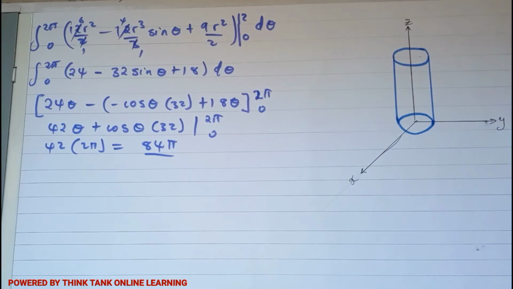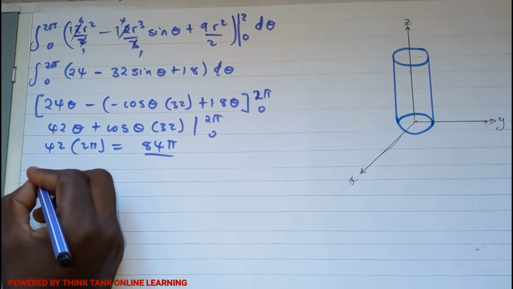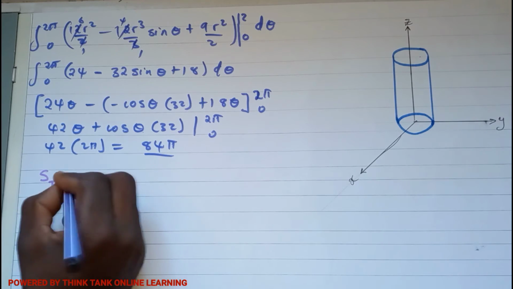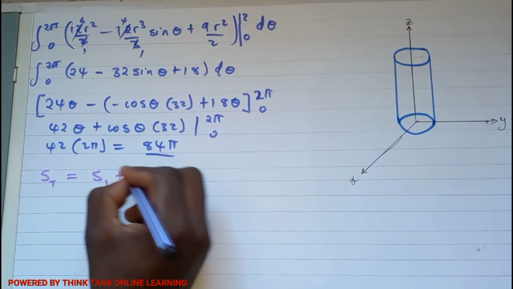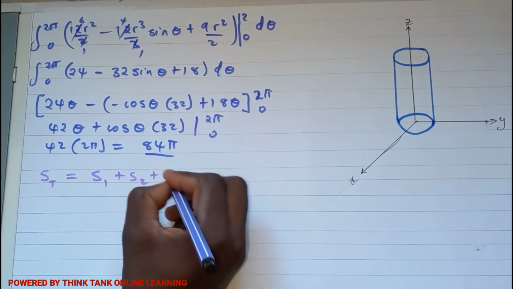For the surface, I'm going to say the total surface is surface number 1, the bottom, plus surface number 2, plus surface number 3.